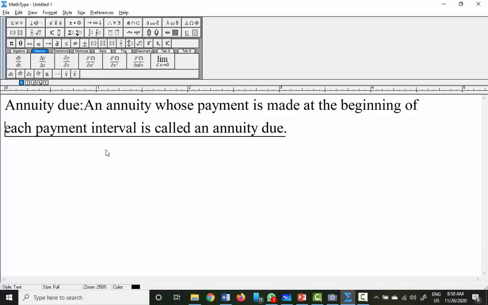For example, if you purchase a mobile on an equal monthly installment plan, that is an EMI plan.